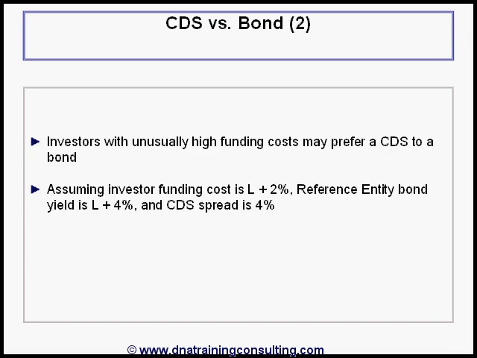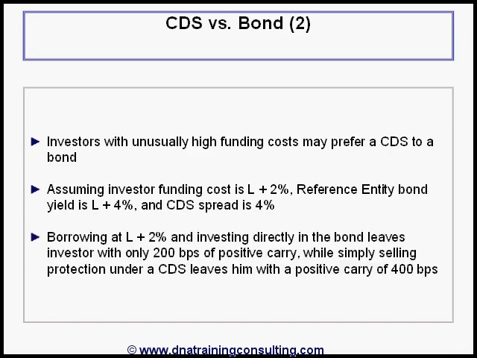Borrowing at LIBOR plus 2% and investing directly in the bonds leaves the investor with 200 basis points of positive carry, while simply selling protection under a CDS appears to leave him with a positive carry of 400 basis points.